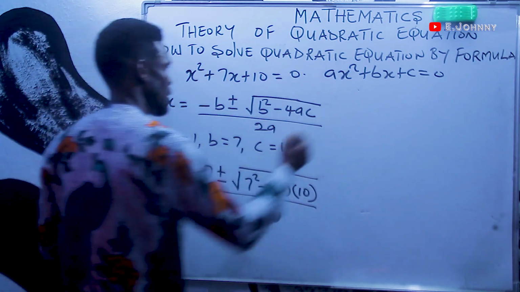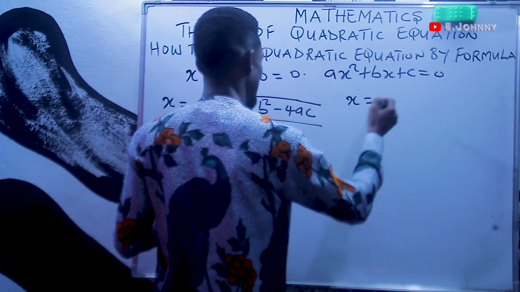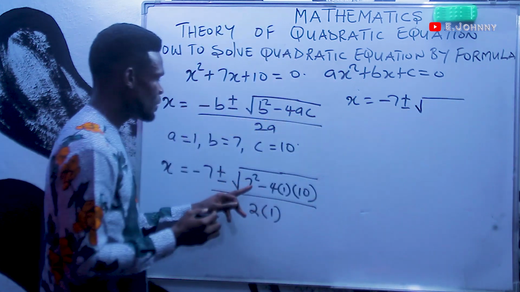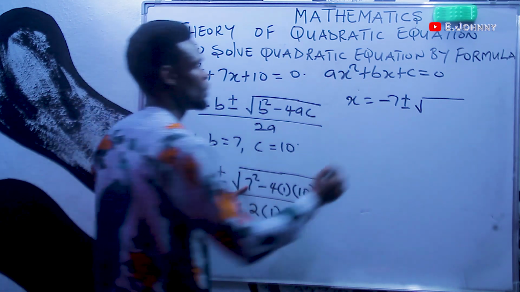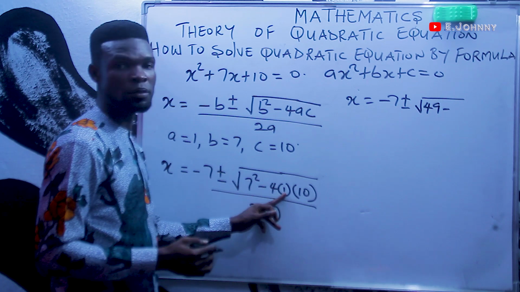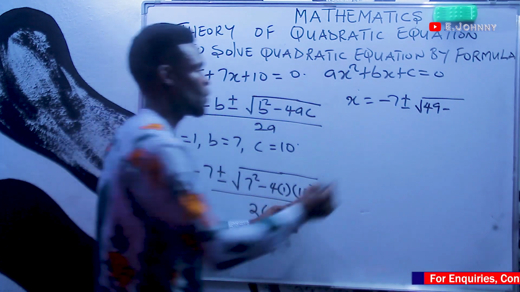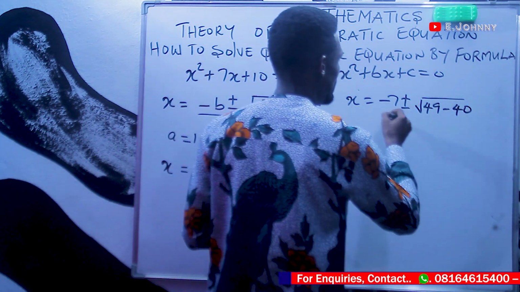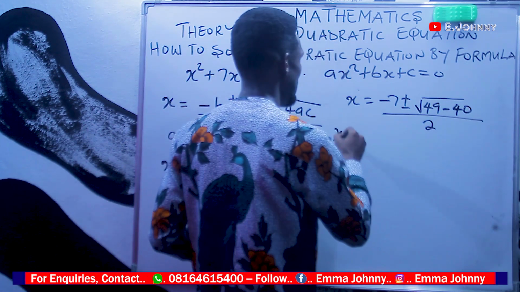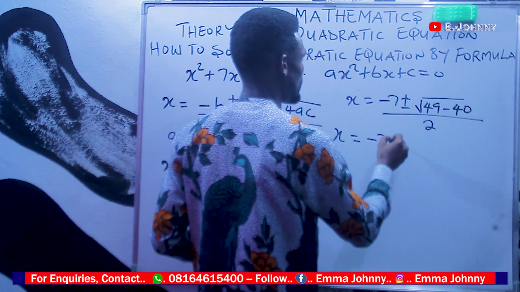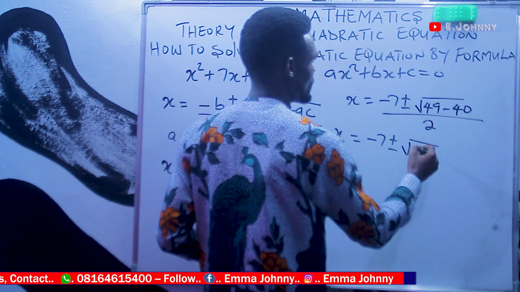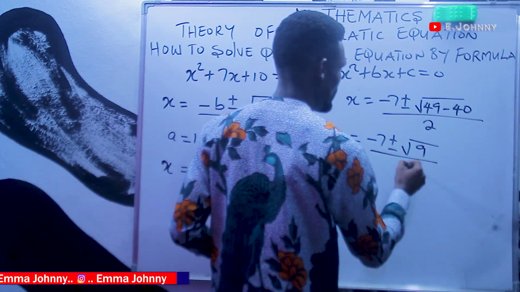So that means x is equal to minus 7 plus or minus the square root of... Now what is 7 squared? That's 7 times 7, 49, minus 4 times 1, which is 4, and 4 times 10 is 40, divided by 2 times 1, which is 2. So x is equal to minus 7 plus or minus the square root of 49 minus 40, which is 9, divided by 2.